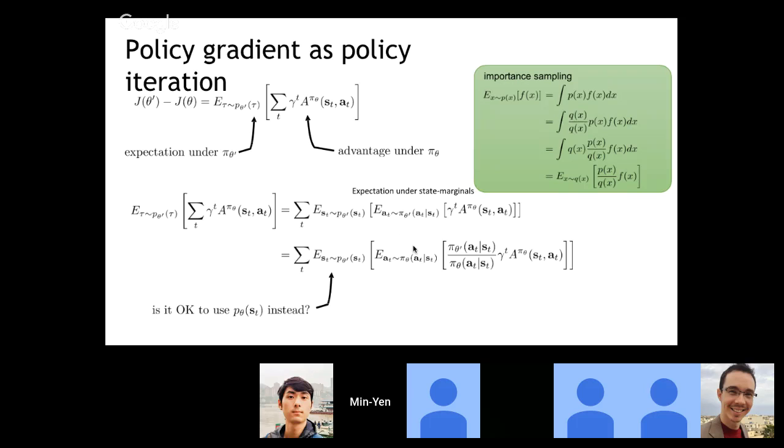A question asked in the class was, why can't we just do importance sampling on this entire term instead? Because for this entire term, we are calculating the expectation of the entire trajectory given a policy that's parameterized by theta prime.